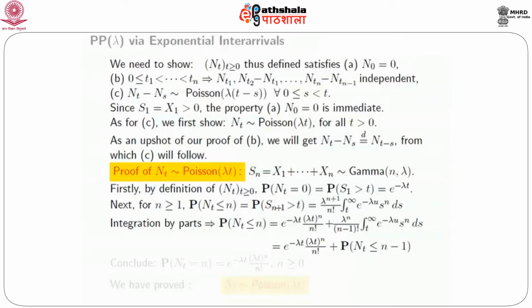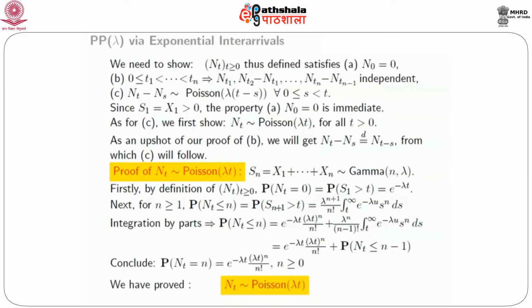Now we have this integral, so we do integration by parts. On integration by parts, this integral splits into a sum of one term, which is e to the minus lambda t, times (lambda t) to the power n by n factorial, and the second term of integration by parts gives us this integral. But then you can quickly see that this integral is nothing but the probability that N_t is less than or equal to n minus 1, in the same way as probability N_t less than or equal to n was the first integral.